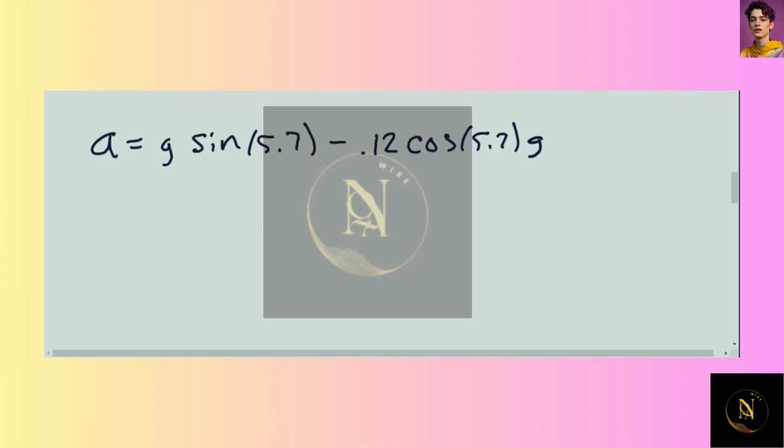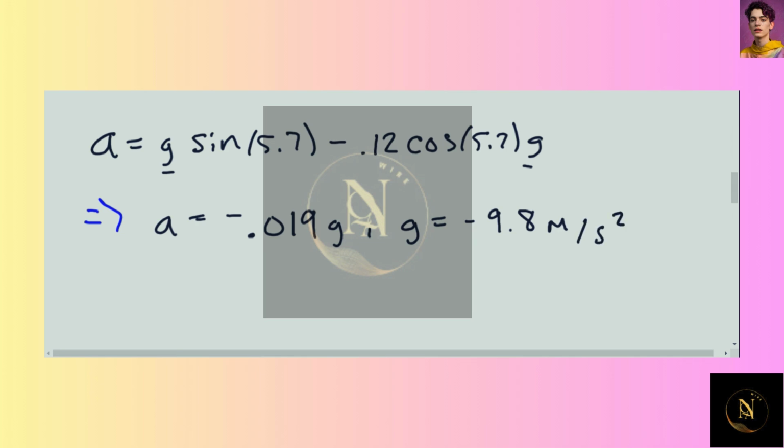Both terms have gravity, so we can combine these. So we're left with a equals minus 0.019 times g. But here we know that gravity is actually negative 9.8 meters per second squared, since the weight is trying to pull the car back down.